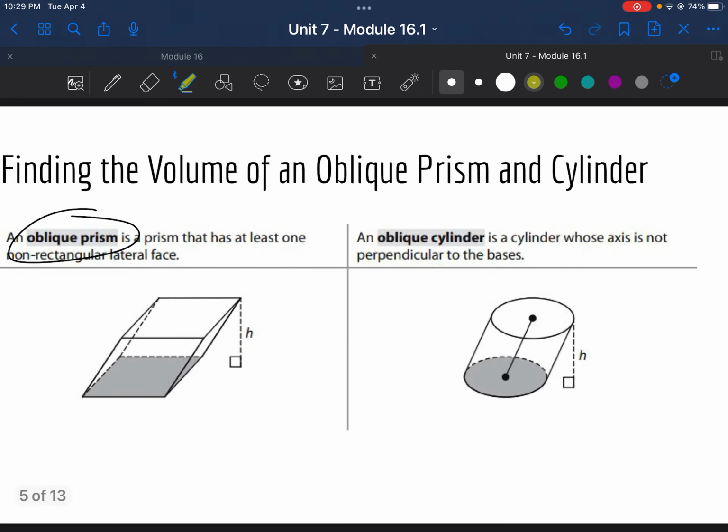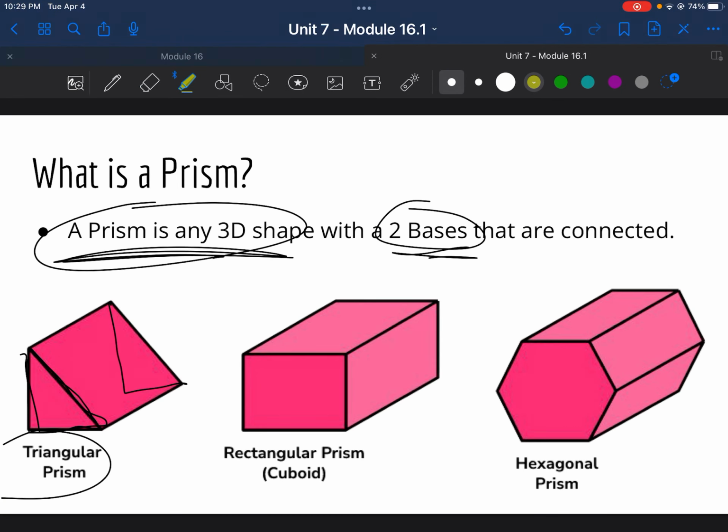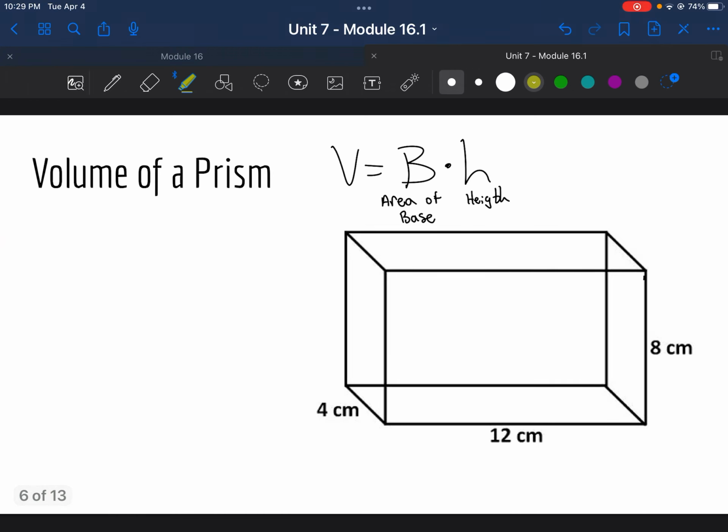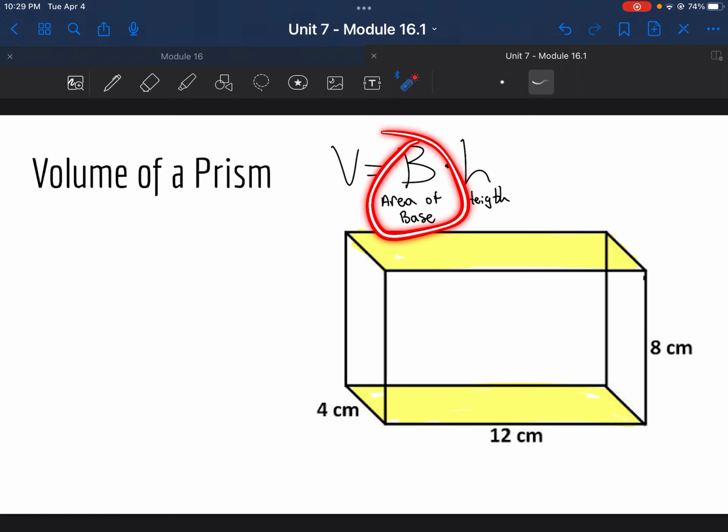All right, so in this first prism that I have here, first of all, what type of prism is this? That's right, it's a rectangular prism. Why? Because we have two bases that are rectangles, one down here and one up here. So if we follow my volume formula, first we need the area of my base.